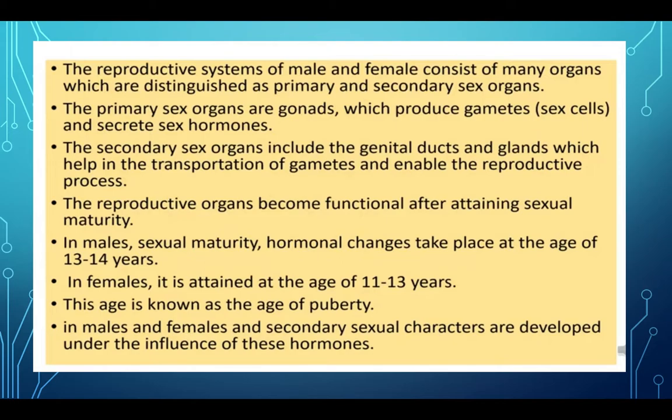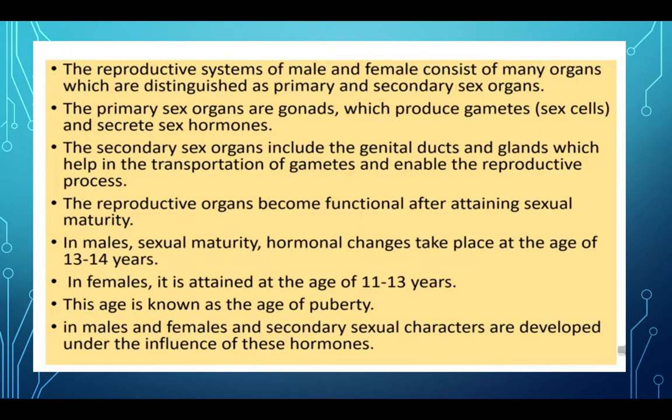The reproductive organs become functional after attaining sexual maturity. In males, sexual maturity, that is hormonal changes, will take place at the age of 13 to 14 years. In females, it is earlier.